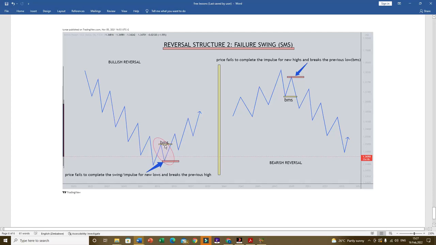So a failure swing is when our price violates the two trend or wave rules that we established in the previous lesson. If you haven't got that, you can always go back to the previous video, watch it, then come to this one so that you understand.